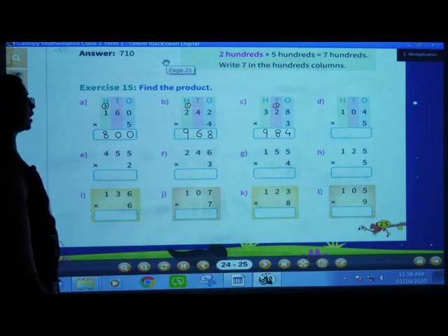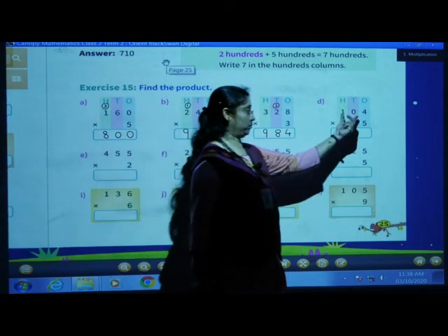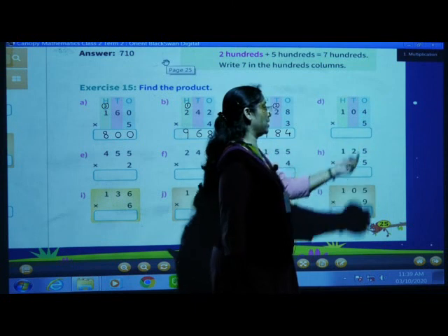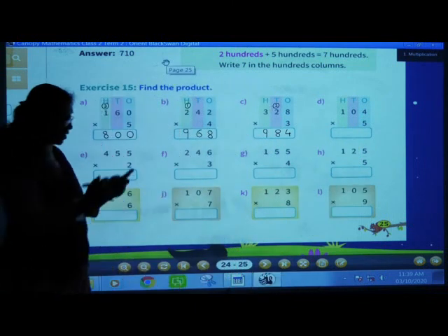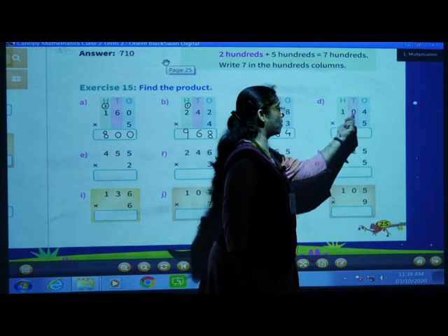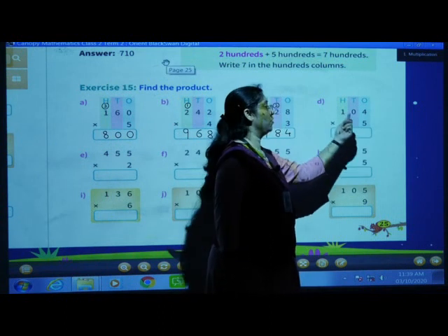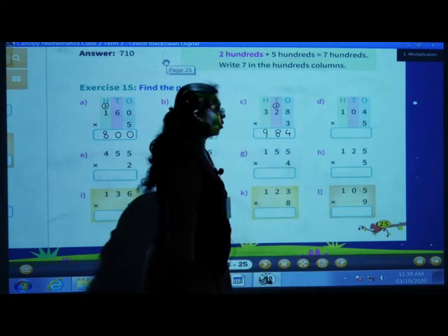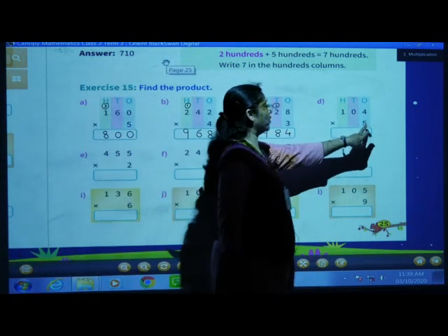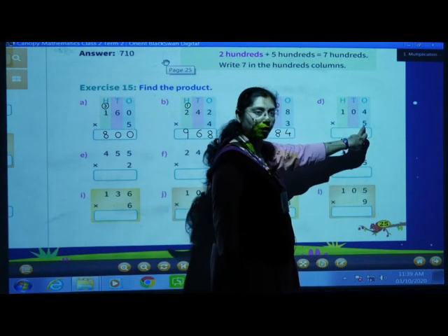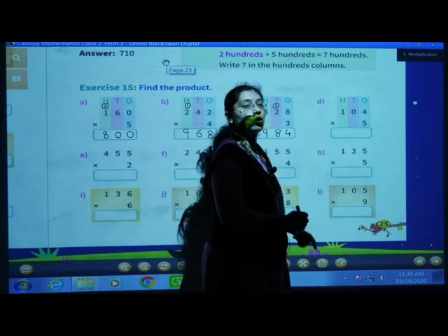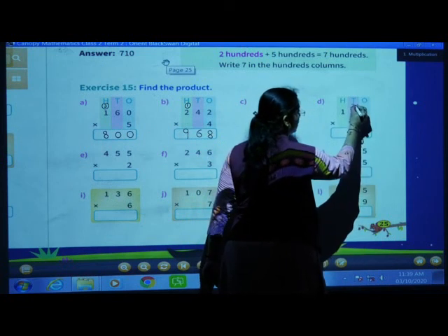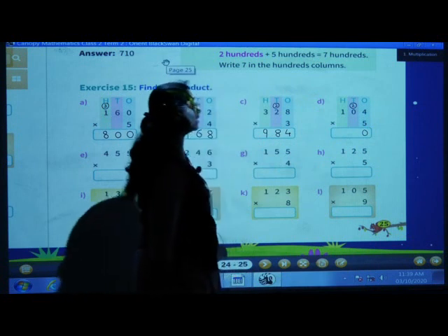Correct. Fourth number, 104 multiplied by 5. We are multiplying a 3-digit number by a 1-digit number. So first we have to multiply these ones by 5. 5 fours are 20. 20 means 0 will be in the ones place and 2 carried over. 2 will be the carry.